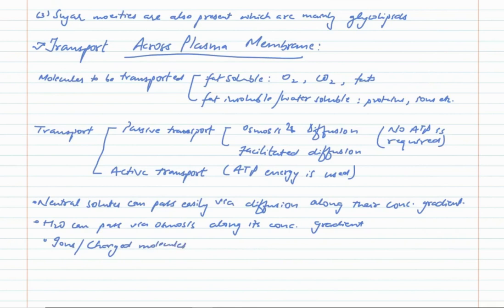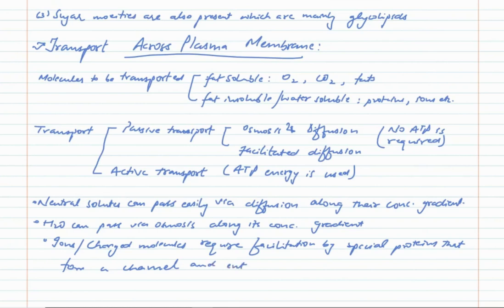Ions or other charged particles require facilitation by special proteins that form a channel through the plasma membrane, so that these charged particles or ions can pass through these channels and enter or exit the cell.